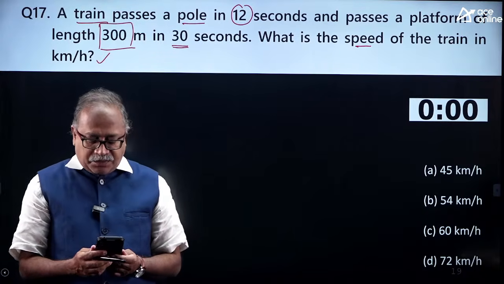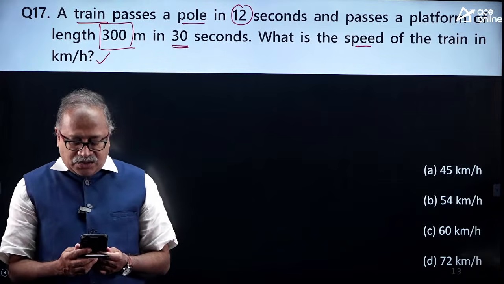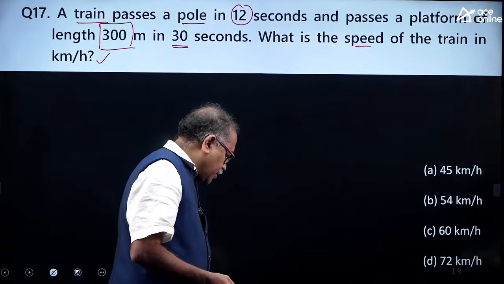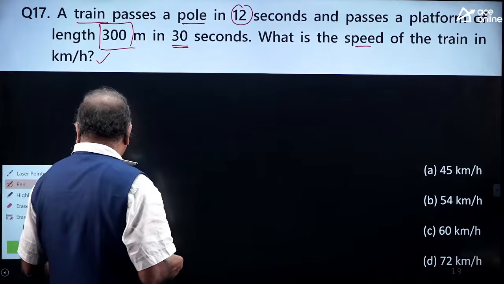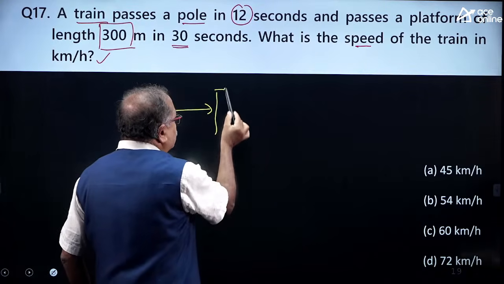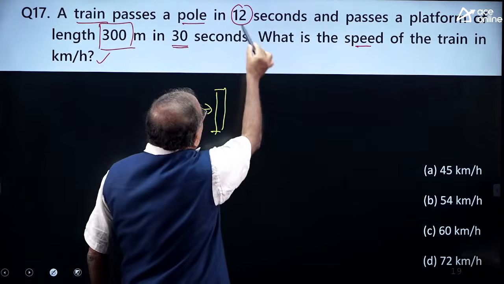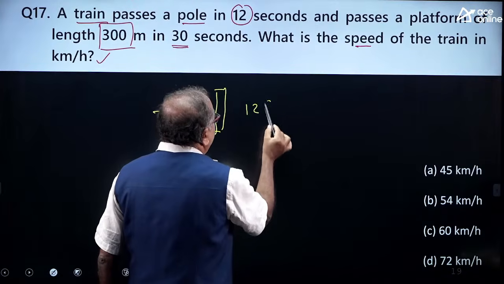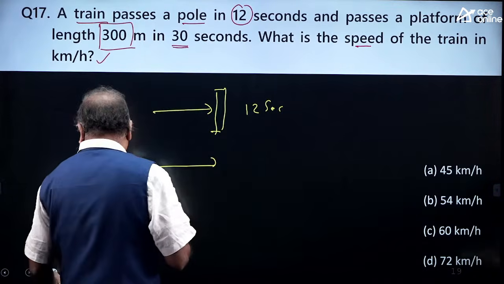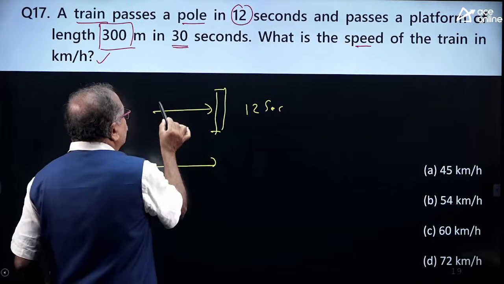Okay, the time is up at my end and also at your end. Now, what is given here, I will just explain in detail. It crosses a pole in how many seconds? 12 seconds. And while it is crossing the pole, it is crossing its own length.